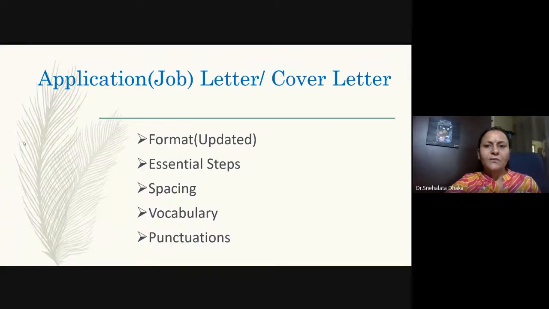As we have studied all these things up to school level, we can easily connect with that. Job letters are application letters only, so at the initial stage we have to recall the structure of an application. But yes, a job letter is slightly different.